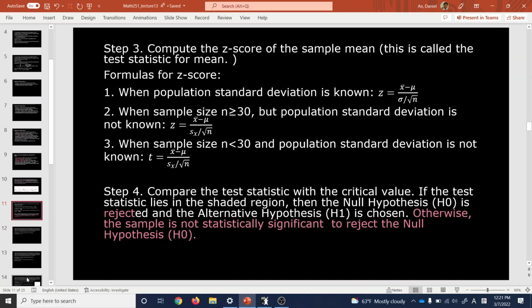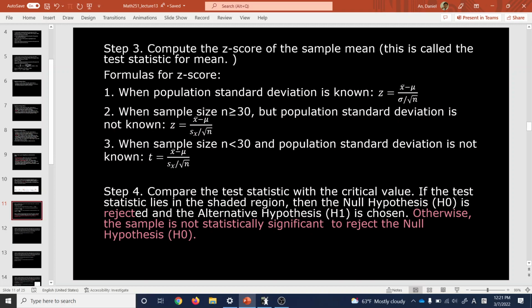Okay, now step 3, you have to compute the z-score or the t-score depending on the sample size. This is called the test statistic for the mean. So sometimes you might be asked, what is a test statistic? That means you have to show the z-score. Another name for the z-score in this context is the test statistic.